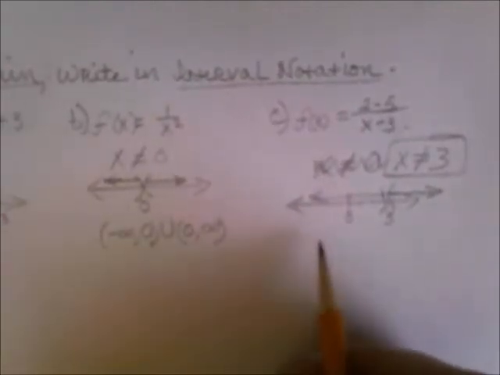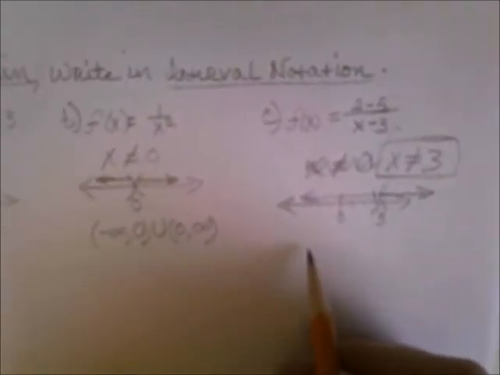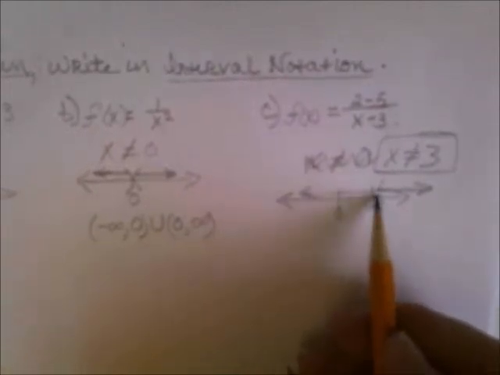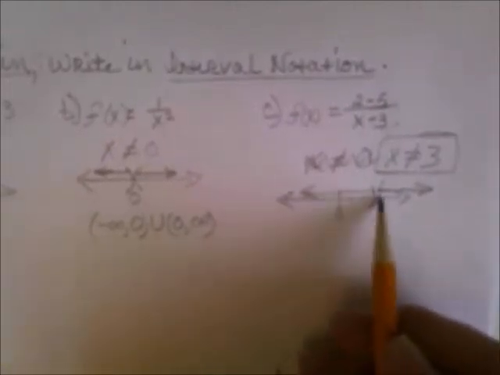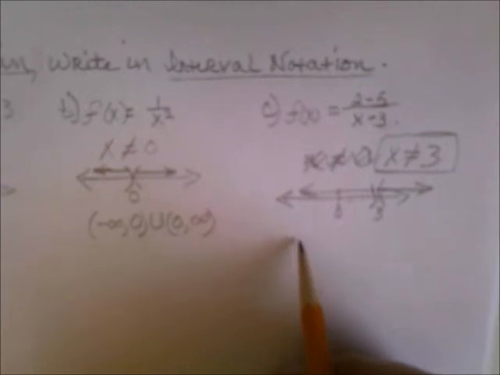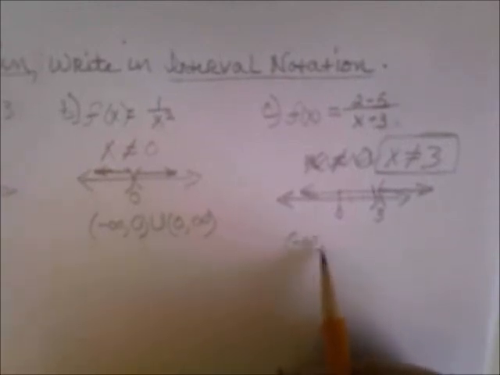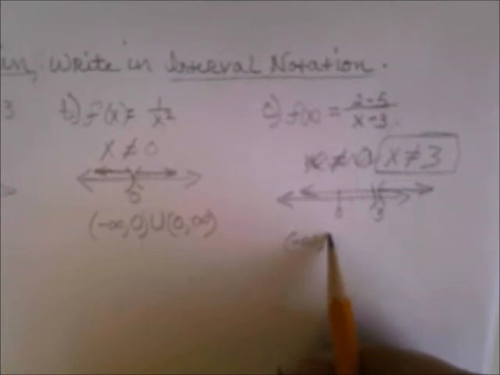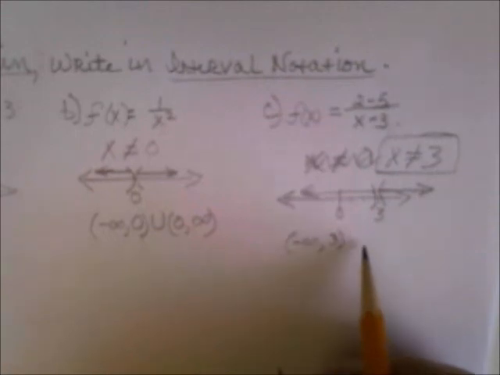So when we write our interval notation, we can say, okay, for this first part, the smallest thing it can be is negative infinity. The biggest thing it can be, it can go all the way up to 3 but not include 3, so we put the parenthesis in.